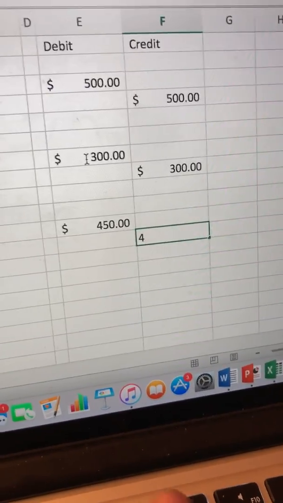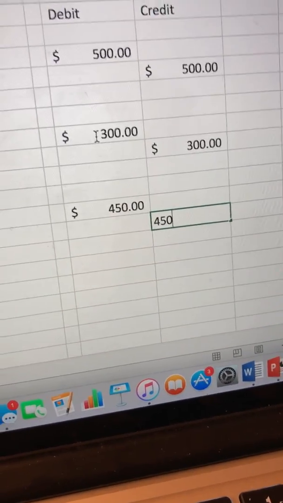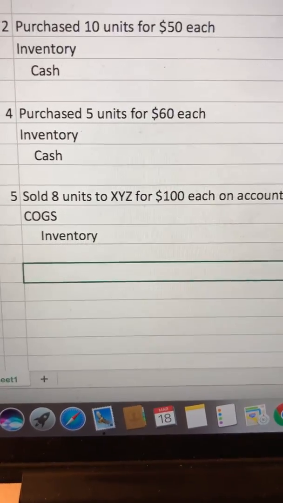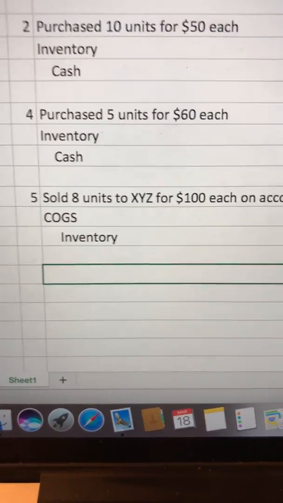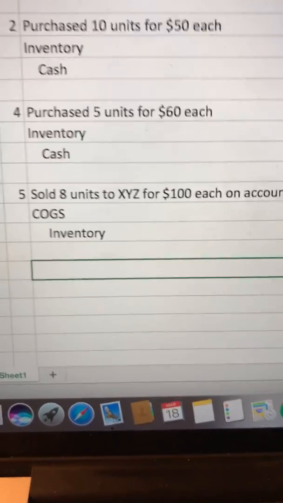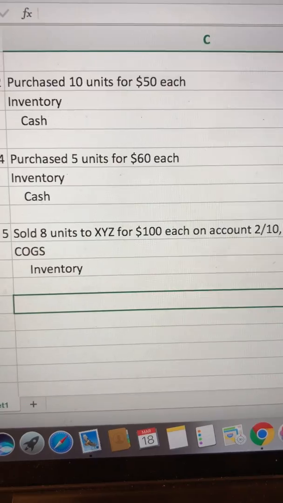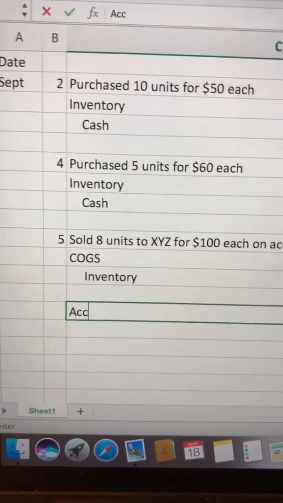In this case, we do LIFO. So it's the cost of the inventory in the LIFO. The other side's the easier side. It's the revenue. The revenue will always be a debit to either cash or accounts receivable. In this case, they bought it on account, so it's accounts receivable.